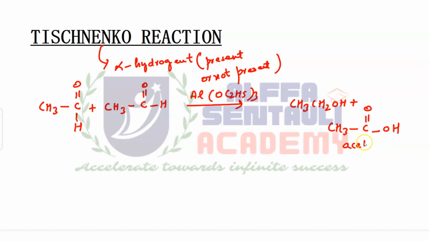So one is acetic acid and the other is alcohol. So this is Tishenko reaction. This is valid for both cases. This is a simple example; you can understand this with a simple example.